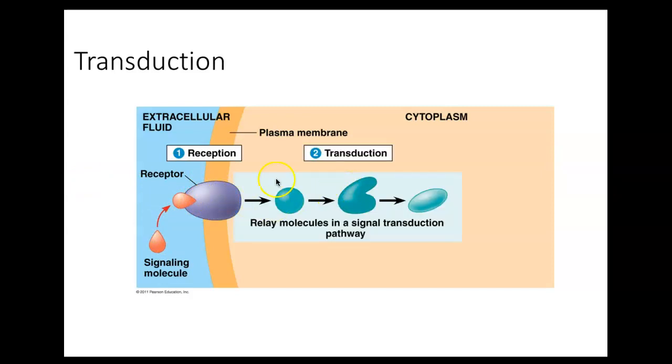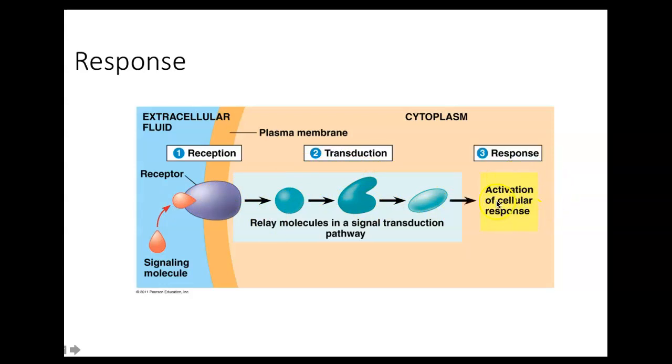Transduction is going to deal with a relay of molecules, conformational changes of proteins that propagate a signal throughout the cell. Because remember, if this ligand is hydrophilic, it cannot enter the cell itself. So it will have to cause something like a domino effect that passes through the cell all the way to probably an enzyme or the nucleus or something like that to give a response.